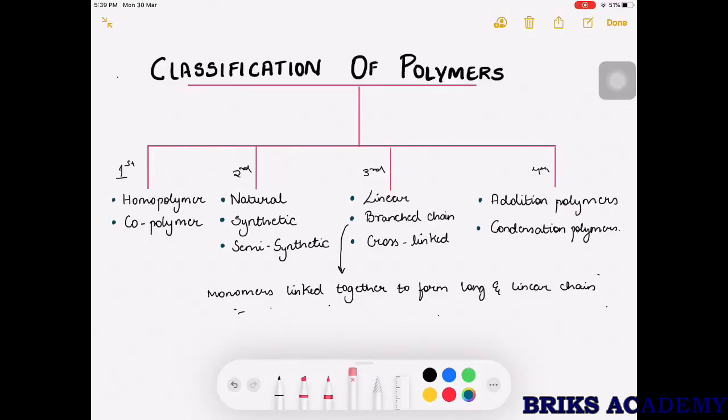And the next type is cross-linked polymers. In these polymers, monomers are linked together to form a 3D network.